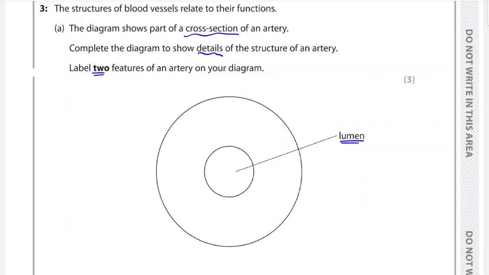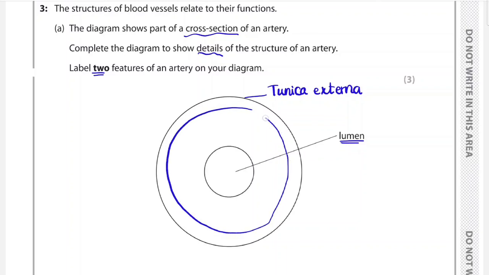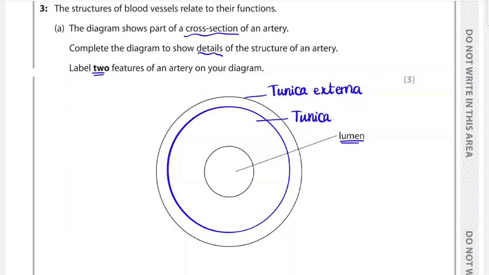Let's say that this outermost part is the tunica externa, and we can draw a circle just next to it, and this will be the tunica media, just in the middle.